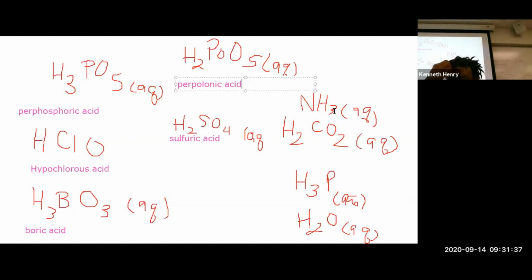NH3. So this is a setup answer because this is just aqueous ammonia.